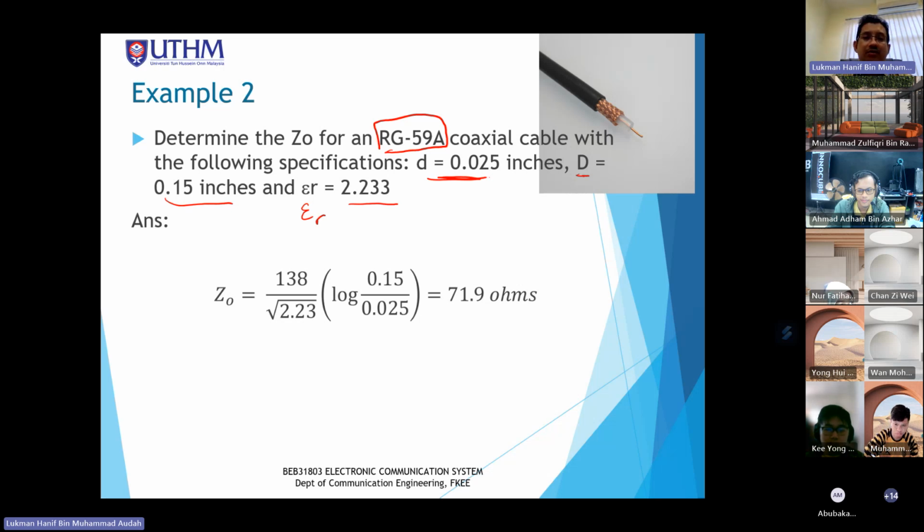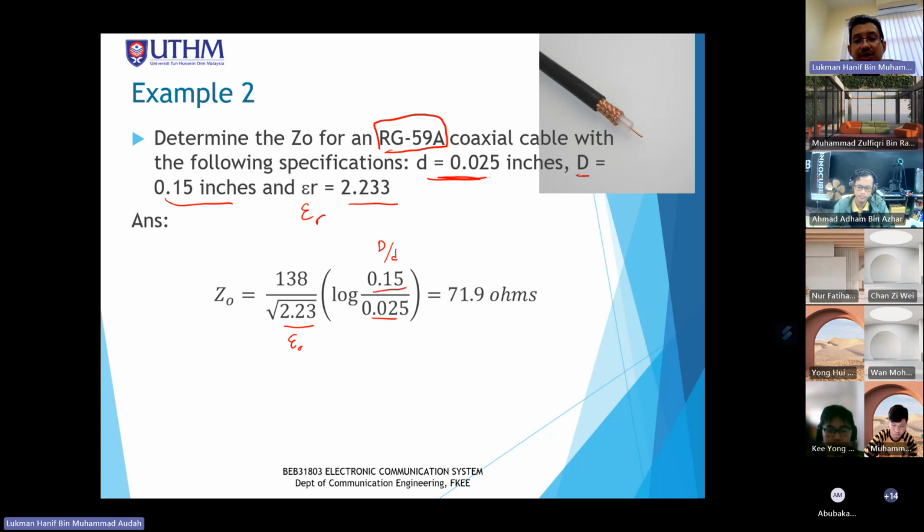So characteristic impedance for a coaxial cable is equal to 138 divided by square root of epsilon R, log D over d. If you put in the values, in this case we are still using the inch values. It doesn't matter.